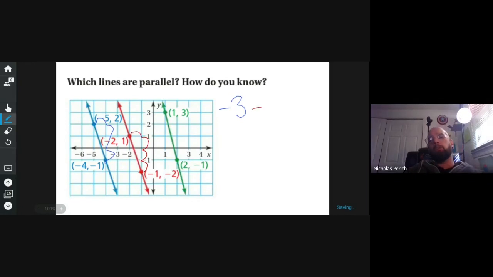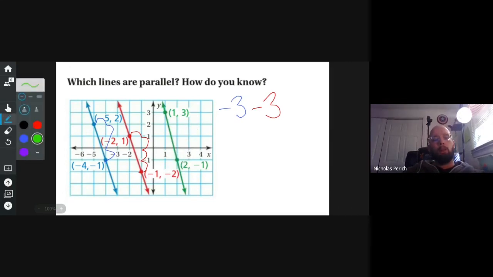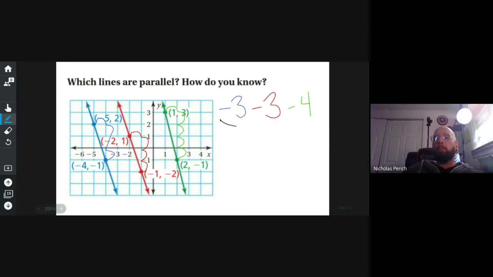So that's also negative 3. And I'm going to start here at 1, 2, 3, 4 over 1. Up 4, left 1 is negative 4. Well, that's not what I want. Which lines are parallel? Blue and red are. How do I know? Because they're the same slope.